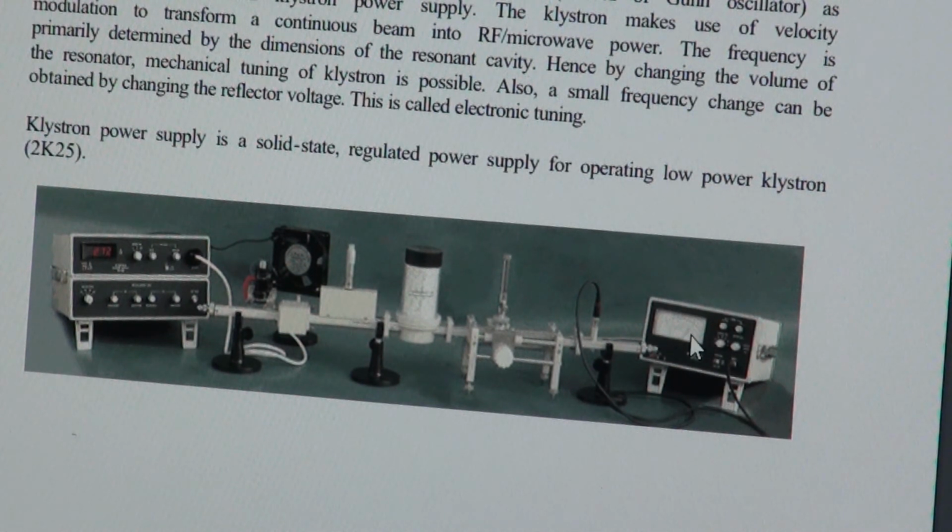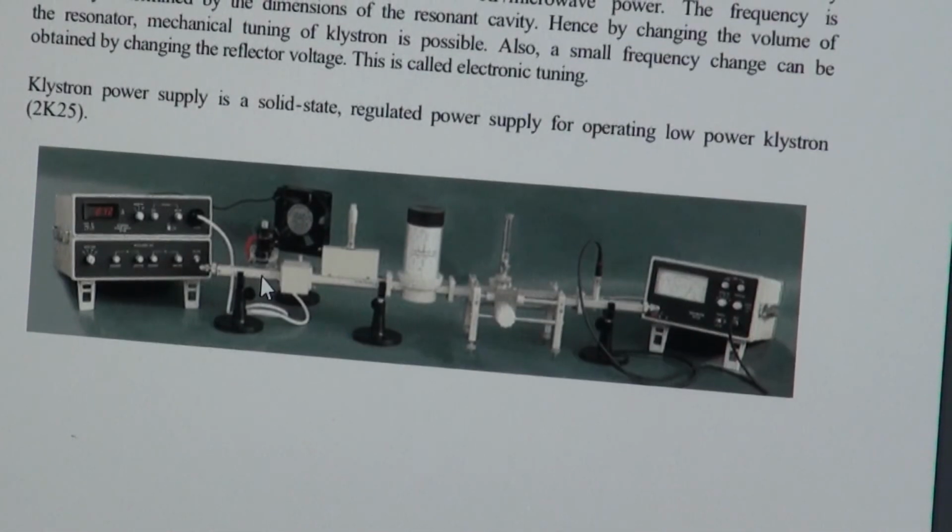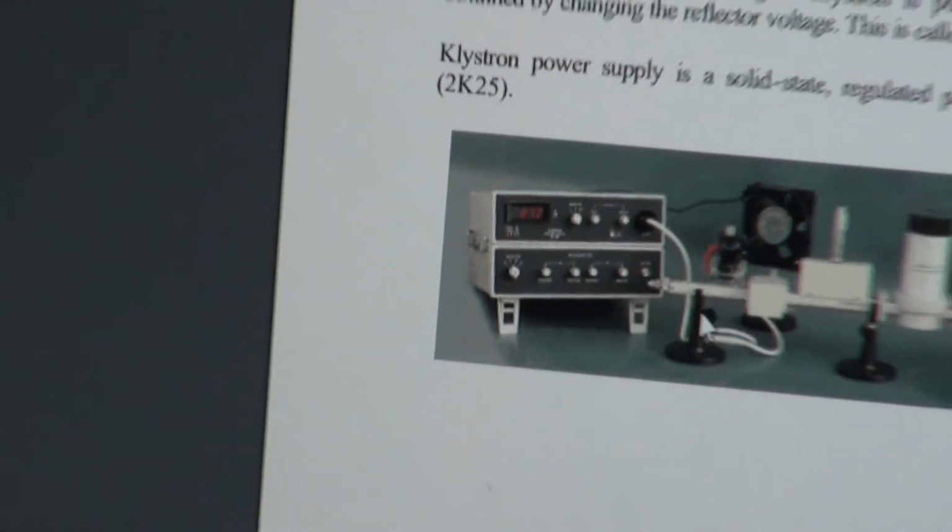This is the analog meter. And this fan is used because we apply a high DC voltage, and at that time the gunn oscillator gets heated, and for that reason we use the fan for cooling purposes. Okay. So you can read in more detail about every component.